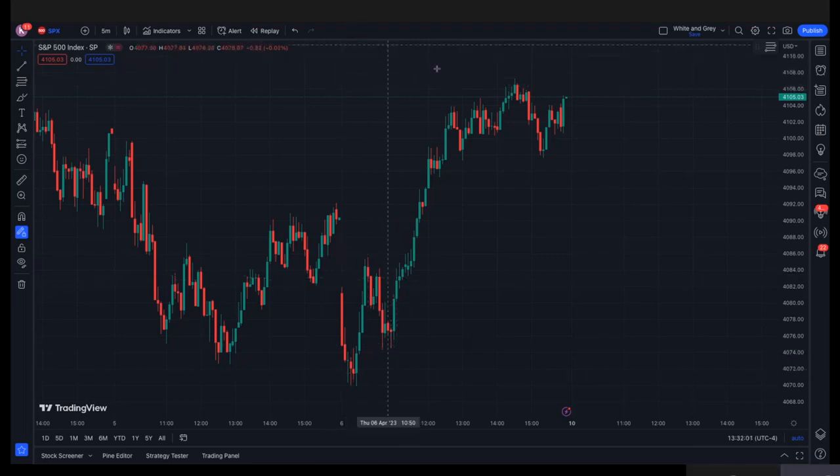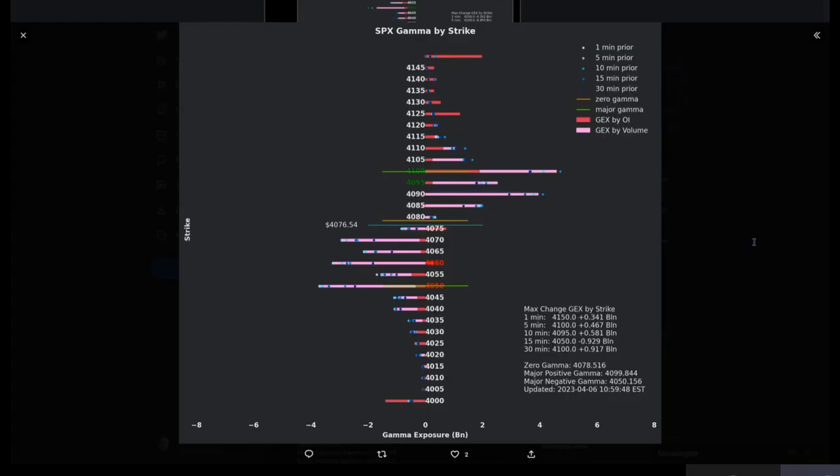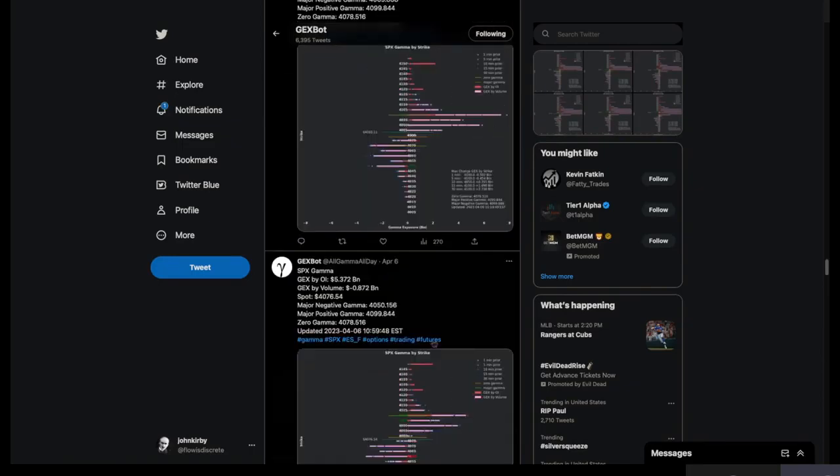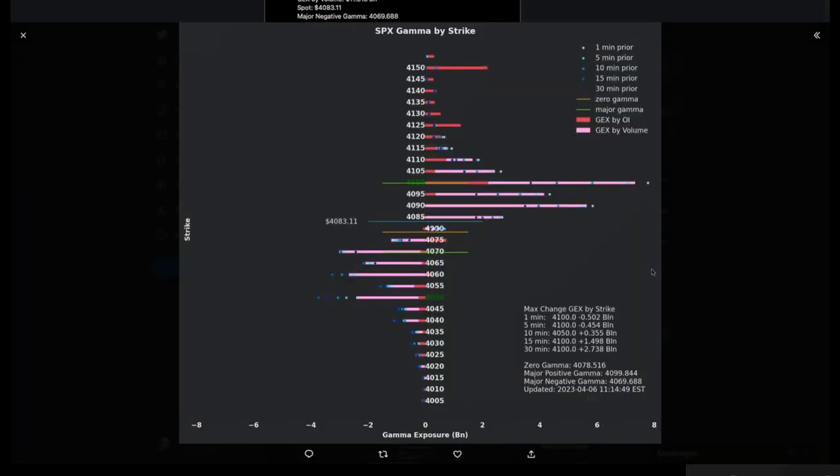All right, you guys know what the next couple hours are. It's just rally. So let's look at the progression on Gexbot as that happens. So we had this, and then fast forward 15 minutes later. Yeah, jeez. And spot hasn't even moved that much. We're only at 40.83 here. 11:14. My God. So you had time to get in if you wanted to play the move up to 4,100.